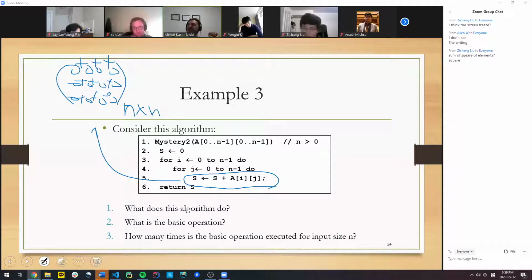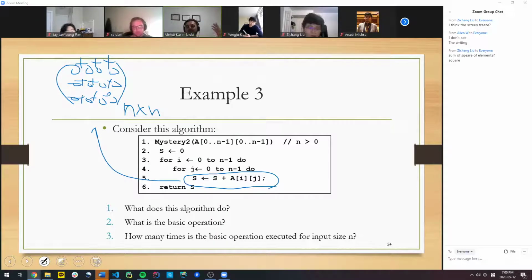What's the basic operation? The basic operation is the statement that is executed most in an algorithm. So what's the basic operation in this algorithm? Is it line 5? Line number 5, exactly.